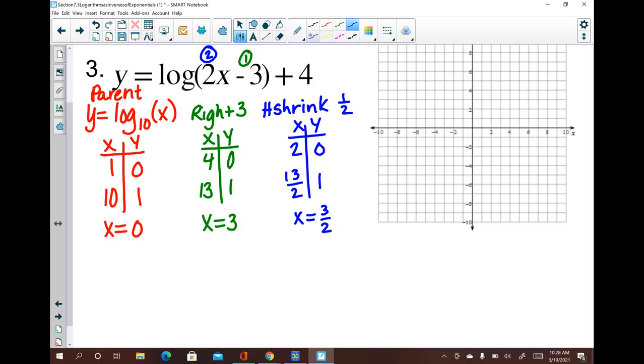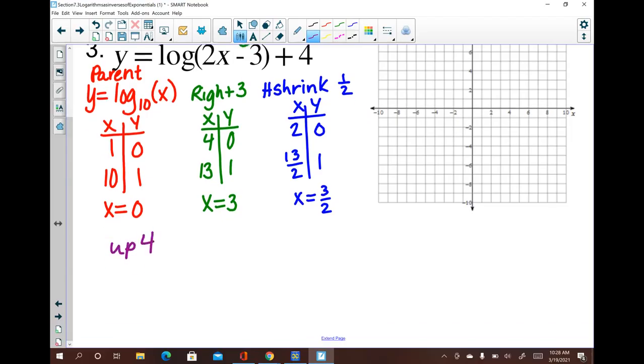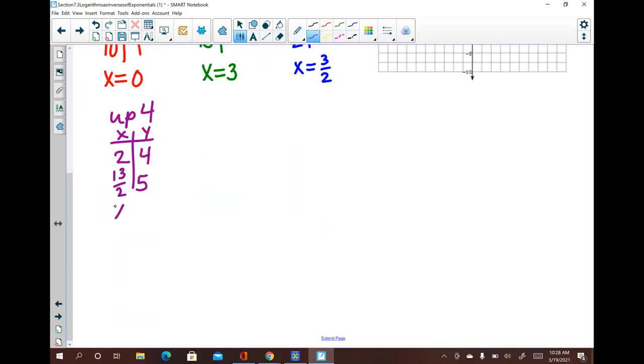The last transformation is adding 4 on the outside, which means up 4. I'm going to work down here, which means add 4 to all of my y's. So 2, 4, 13 over 2, 5. My asymptote will not change. x equals 3 over 2.